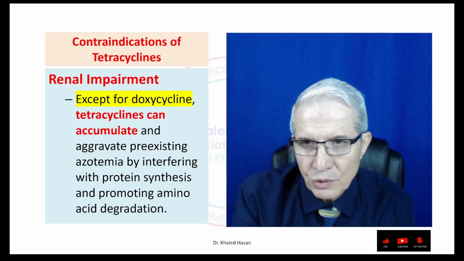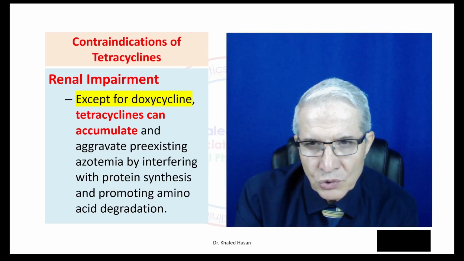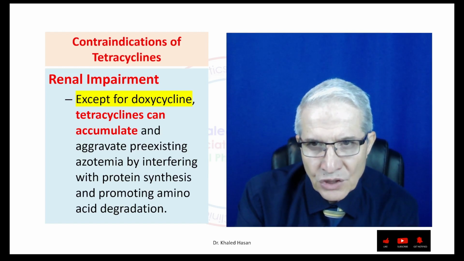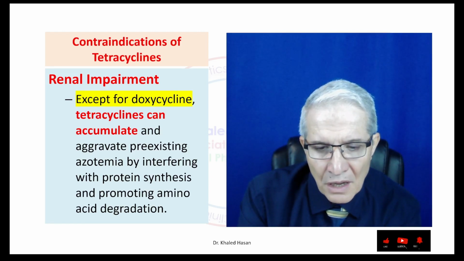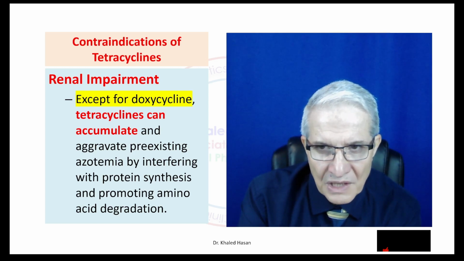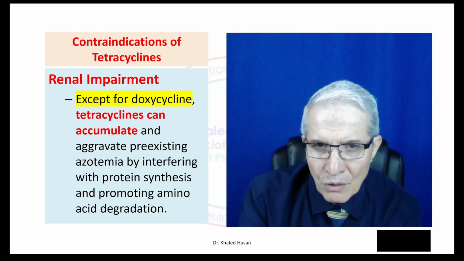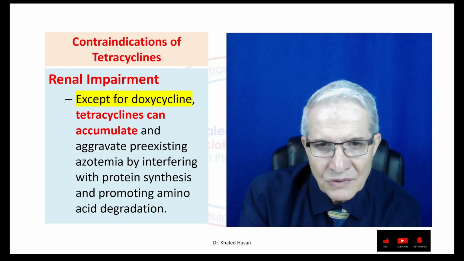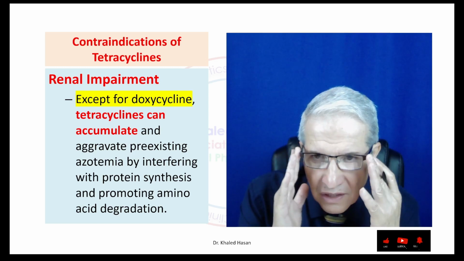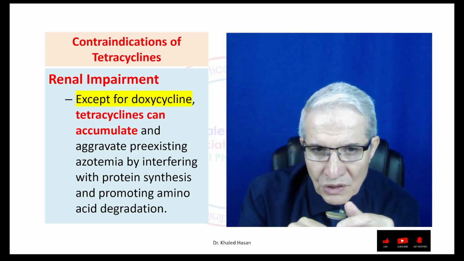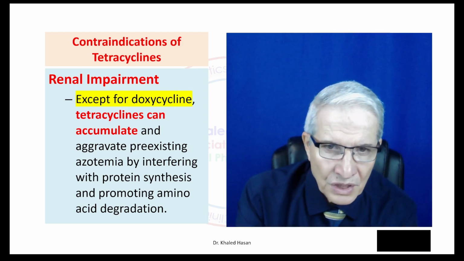Okay, continuing to speak about tetracyclines, we need to cover the contraindications of tetracycline. When we say contraindication, that means it's not allowed to prescribe tetracycline to this patient. For example, if the patient suffers from renal impairment, depending on the type of renal failure, like stage 1, stage 2, or end stage renal disease, we don't recommend using tetracyclines in general in patients with renal impairment.